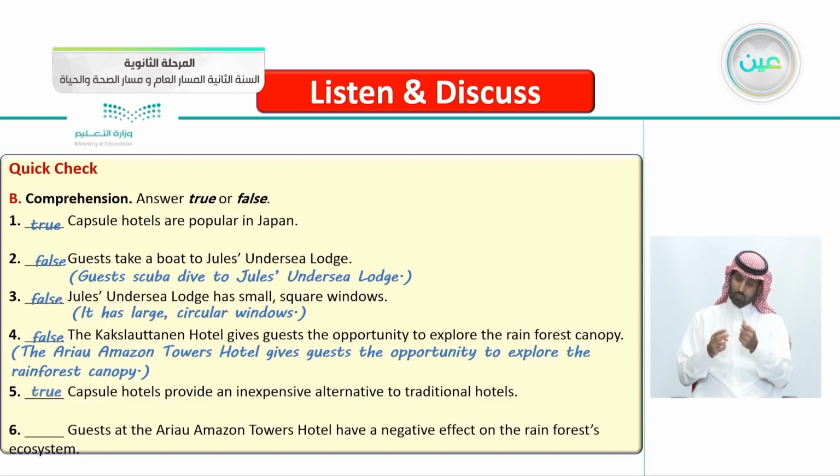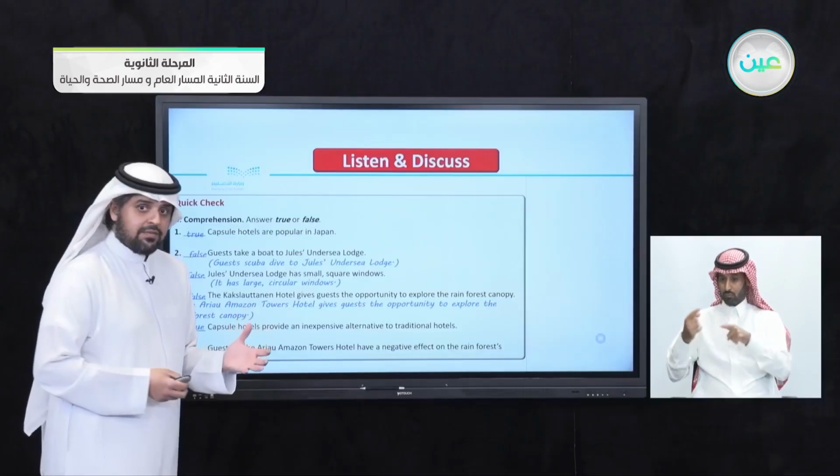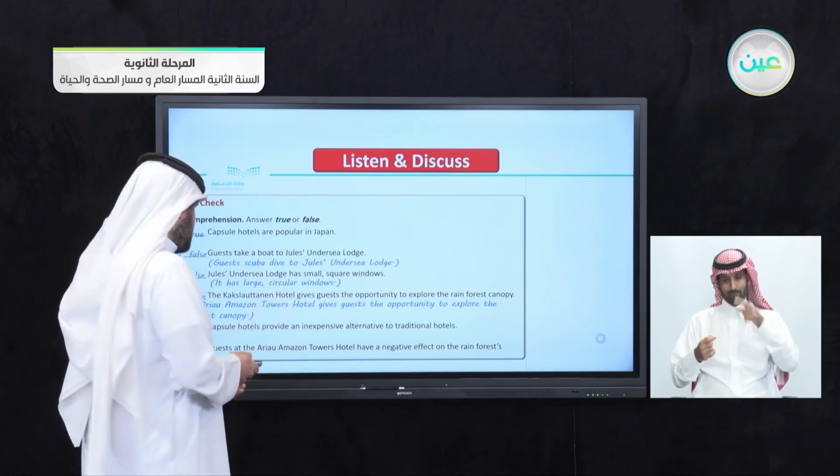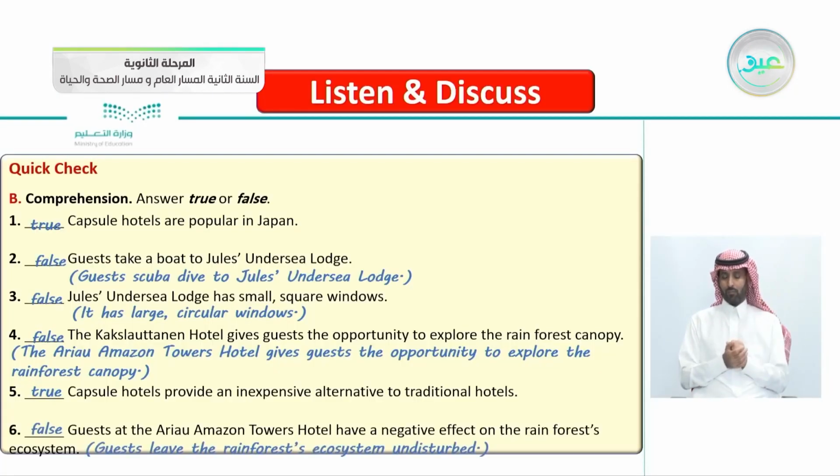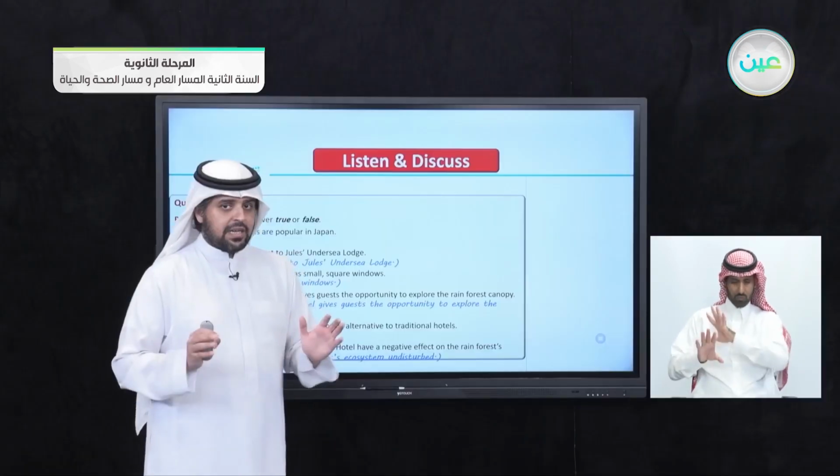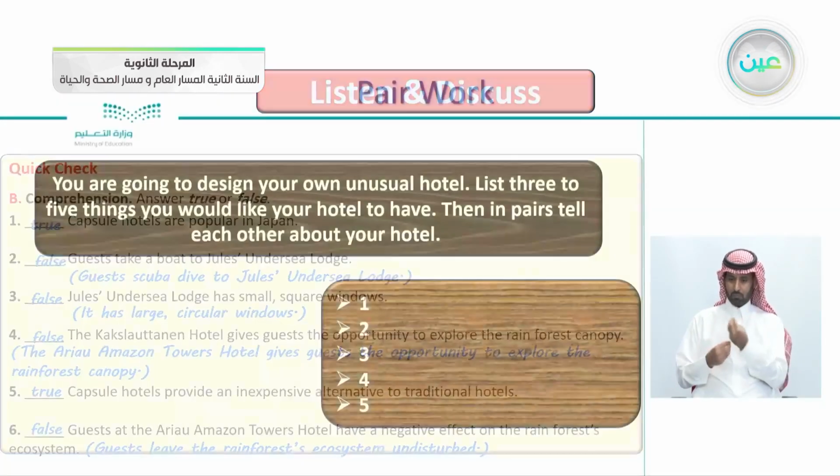Yes, that's correct, so it's true. Number 6, guests at the Ariau Amazon Towers Hotel have a negative effect on the rainforest ecosystem. Do they have a negative effect? Of course not, so it's false. Guests leave the rainforest ecosystem undisturbed. They don't leave any negative effects.